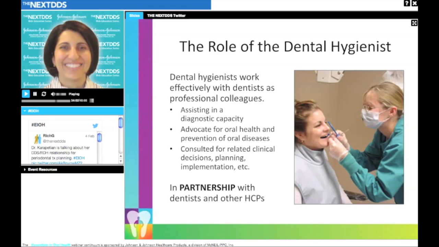Now, you may not know this about x-rays, but x-rays are considered to be a treatment. So unless the doctor gives a diagnosis and recommends the treatment, the hygienist or the assistant cannot take a radiograph. So in my office, I will diagnose the need for a radiograph, and my hygienist can then come in and take the radiograph.